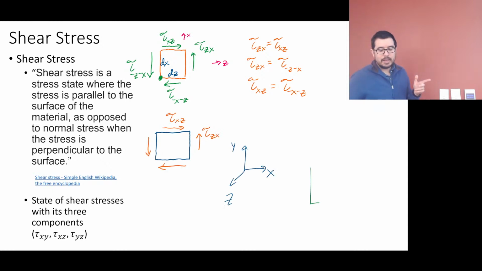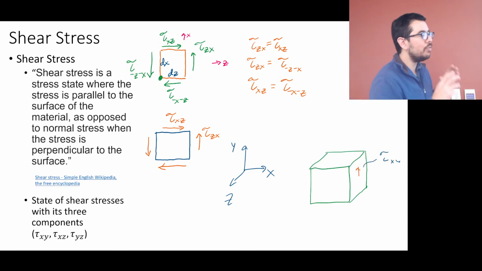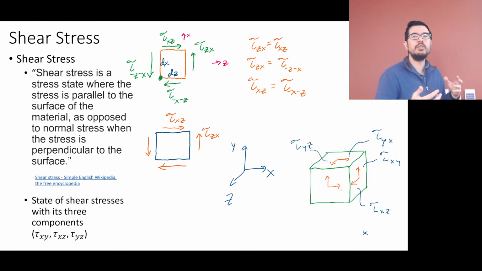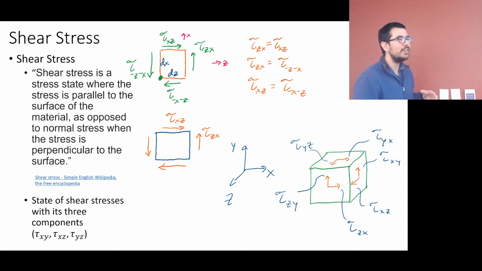If we then say this is just one face of the whole cube, what do the other faces look like? So remember, this is a tau zx, coming out of the z.